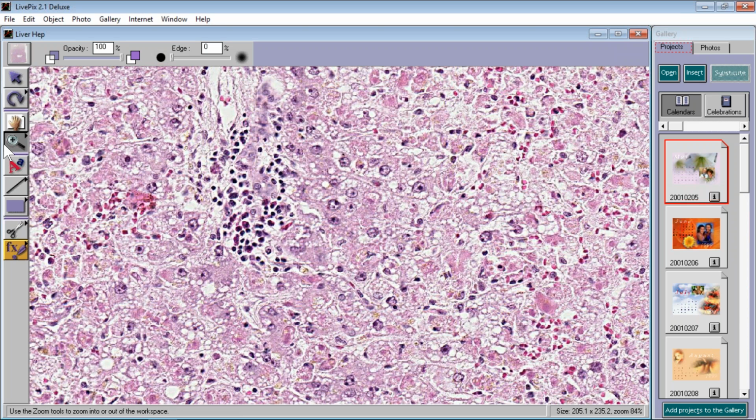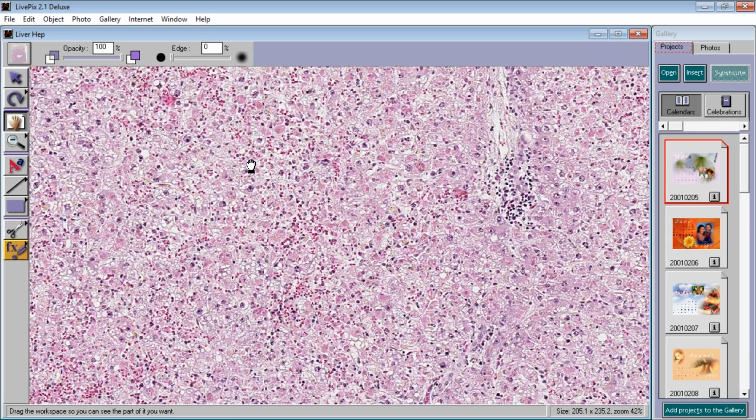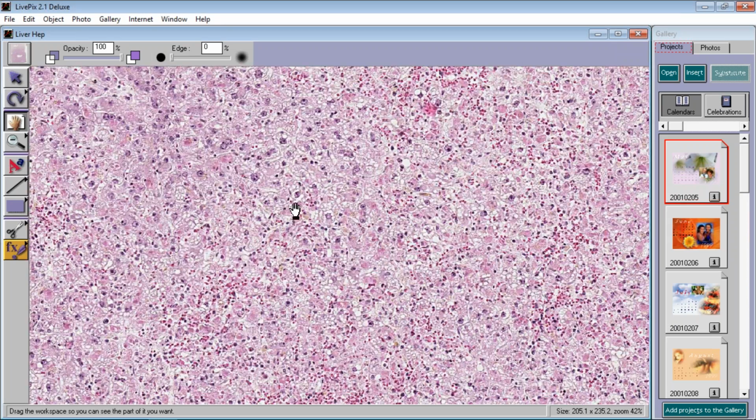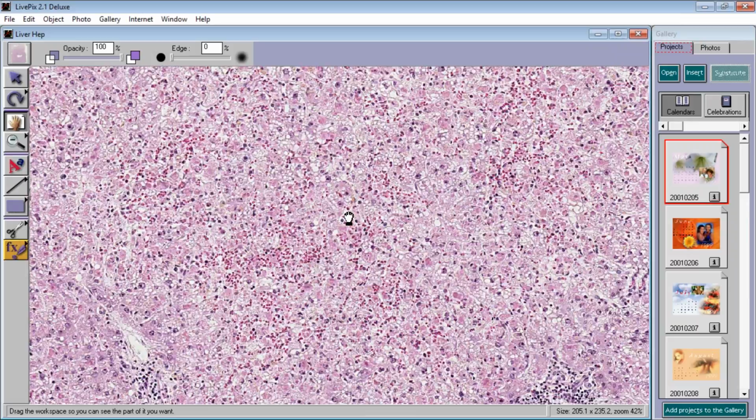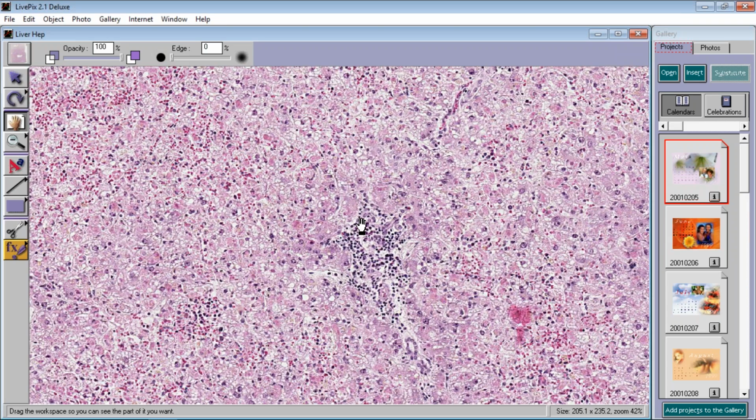But at your stage of understanding here, we're going to say that these areas show infiltrates of inflammatory cells in the liver. They might be predominantly in the portal areas, but they can also be within the liver itself, like here, for example. Let's just call this hepatitis.